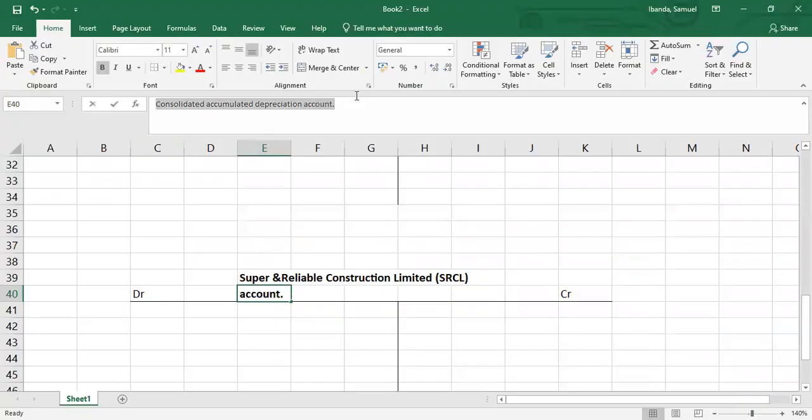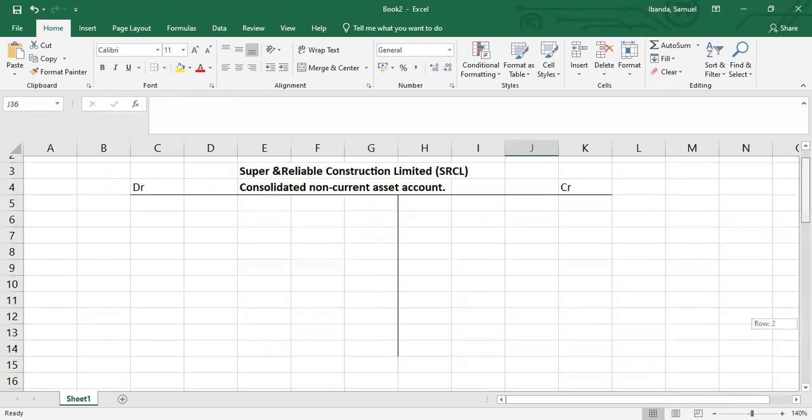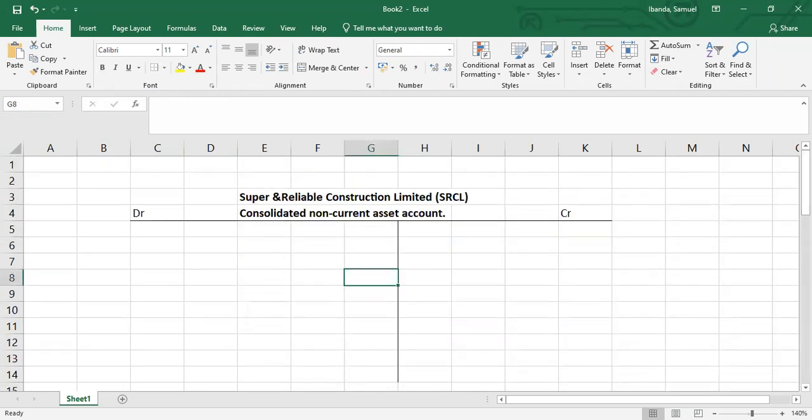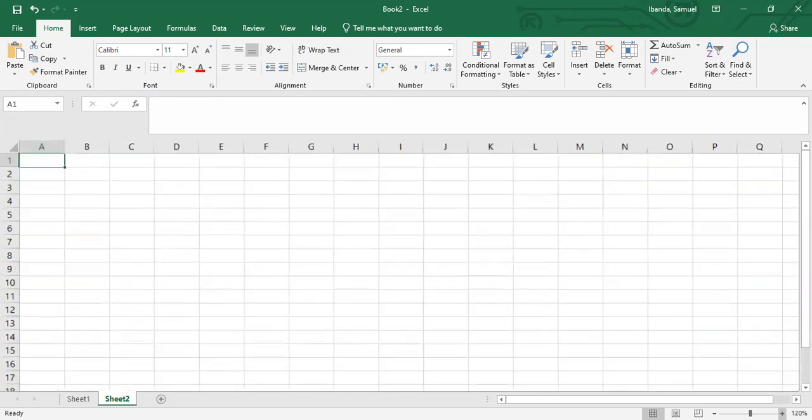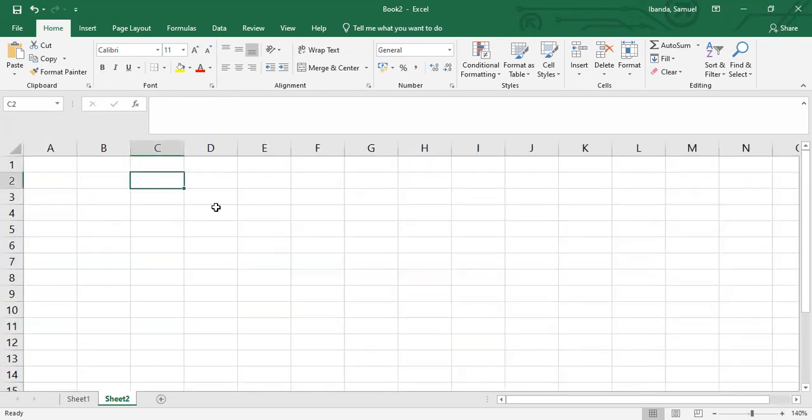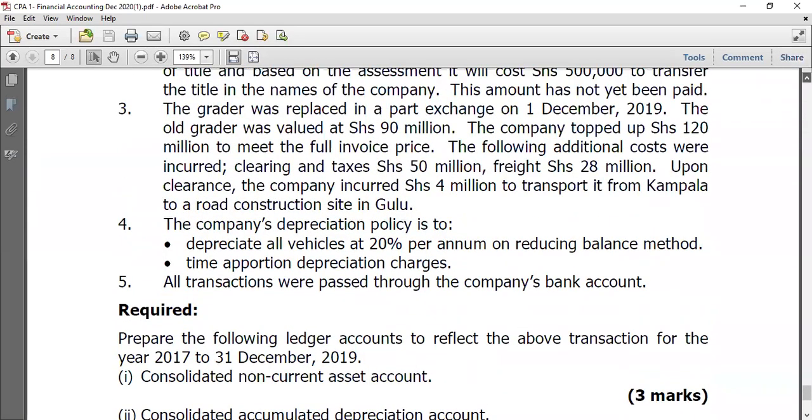Okay, so I now have my accounts drawn up. What I also do is I'll have my page for working, because I have a lot of workings that I'm going to do, especially around depreciation. Okay, so we'll move up.